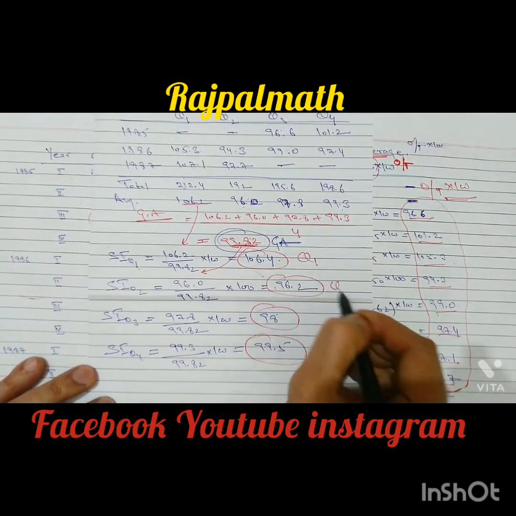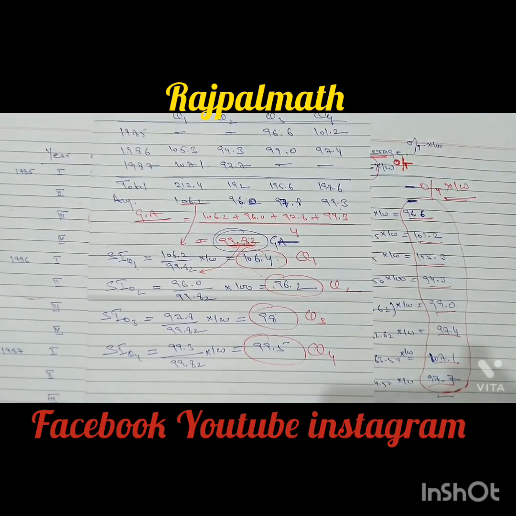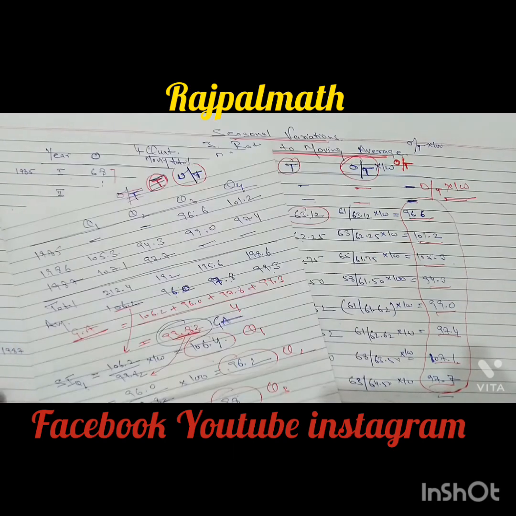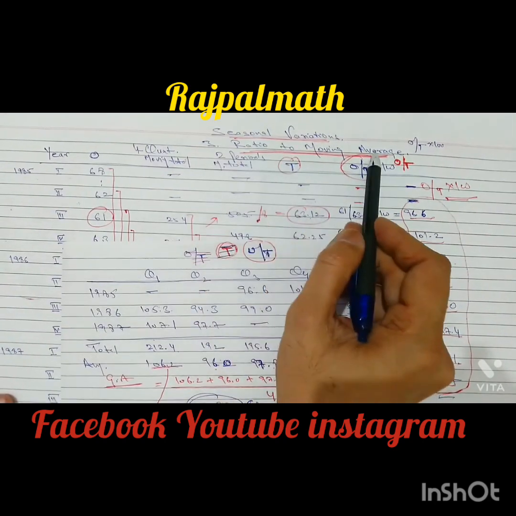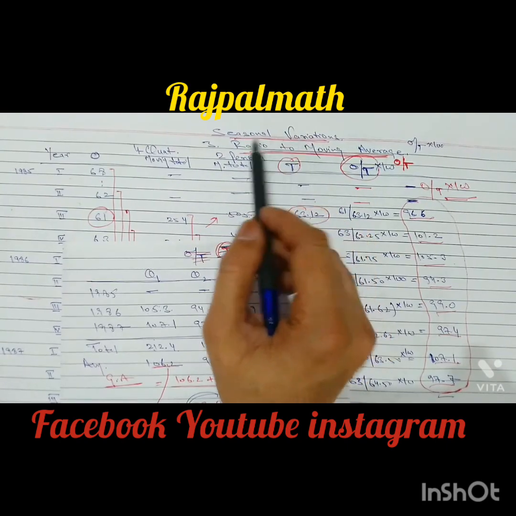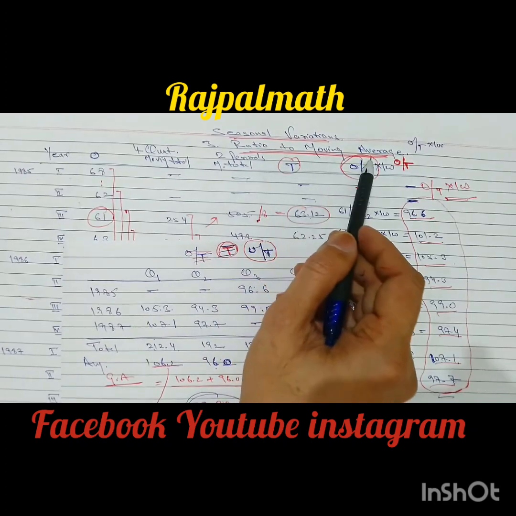For quarter 1, quarter 2, quarter 3 and quarter 4, by the method of ratio to moving average. Calculation of seasonal variations or seasonal indices by the method of ratio to moving average.